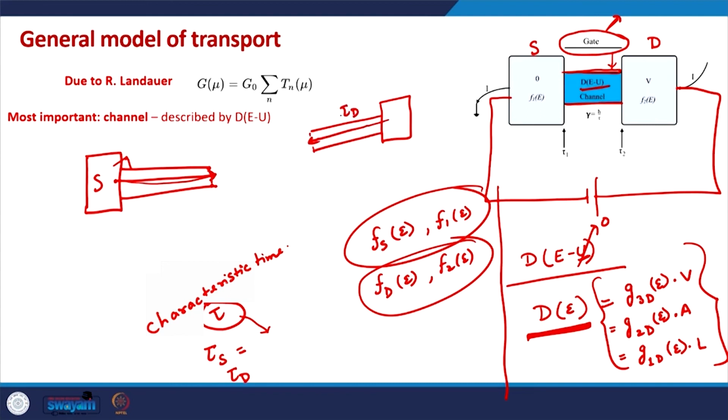So, this will be tau d, this will be tau s. So, the interaction between the contacts and the channel is modeled by the characteristic time of the contacts with that channel, in this case tau s and tau d.